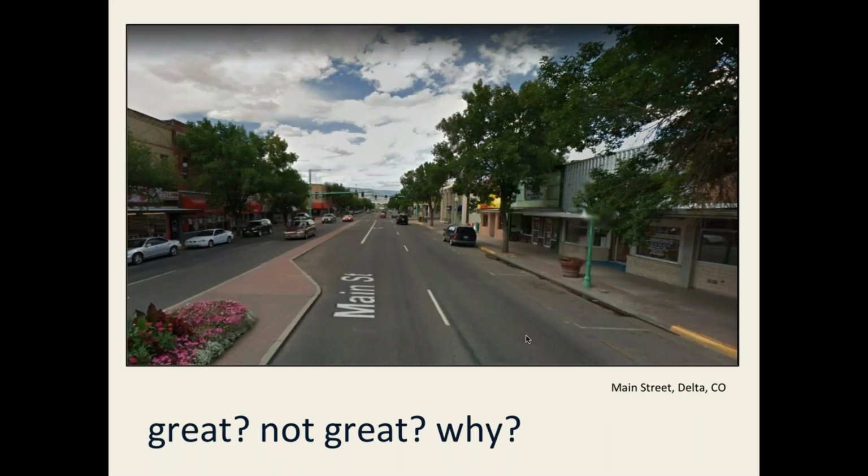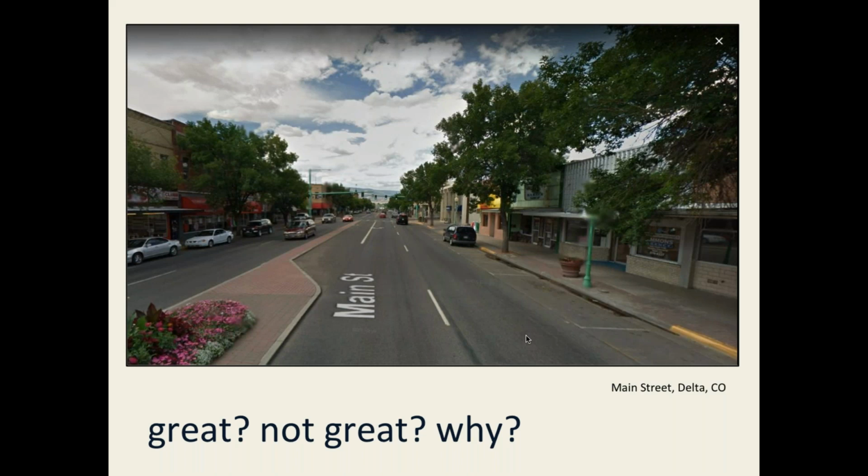So this is Main Street in Delta, Jillian, and they've been through some challenges with this, right? Yeah, that's right. This is still a state highway, and I know that they have been trying to slow down traffic and bring some economic vitality into their downtown, and I think they've done some great things to make strides that way.